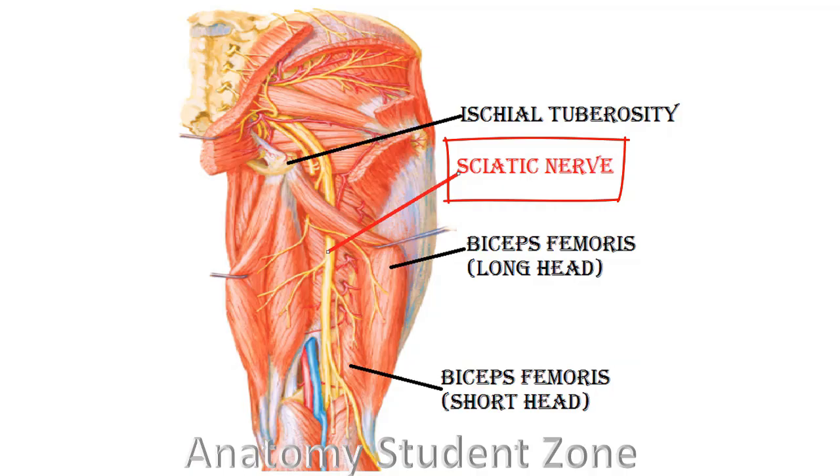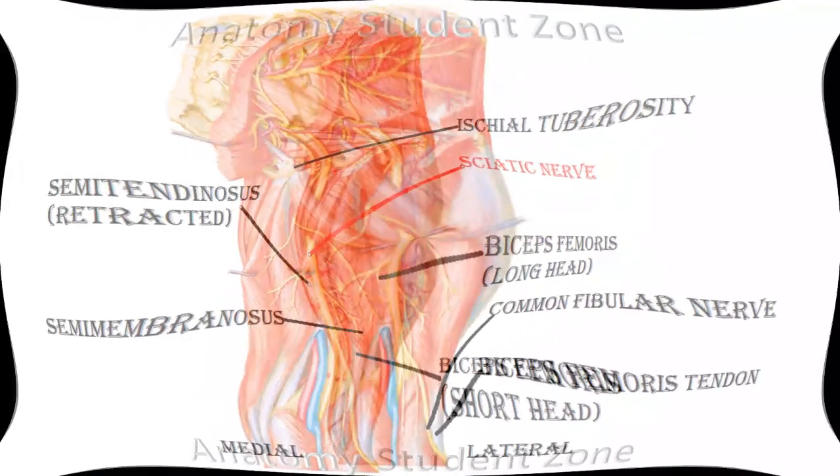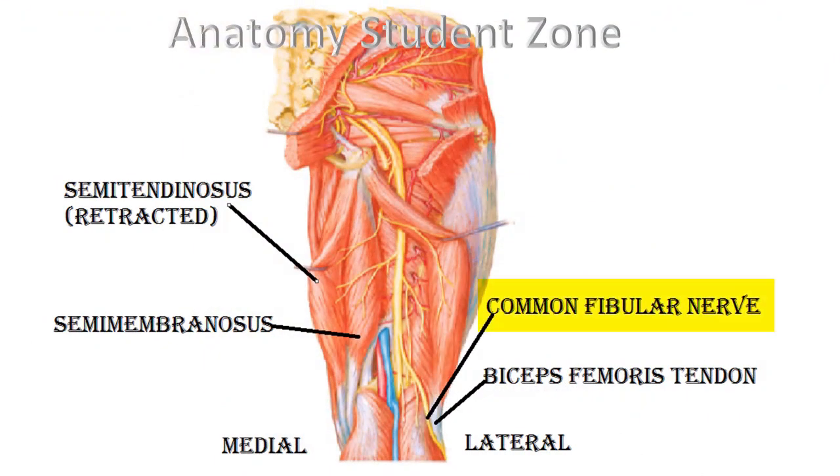Here the lateral branch, the common fibular nerve, is in close relationship with the biceps tendon. Have you ever thought why this lateral branch of the sciatic nerve is in close relation to the biceps tendon? Can you please answer this? Oh yes, it's very simple.